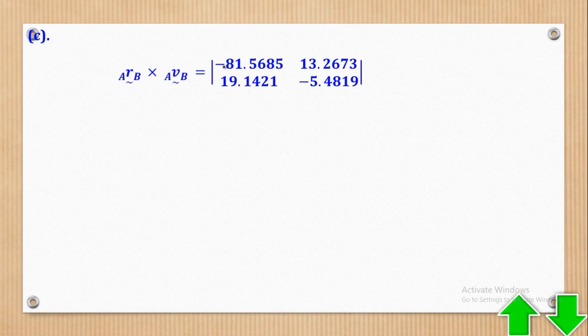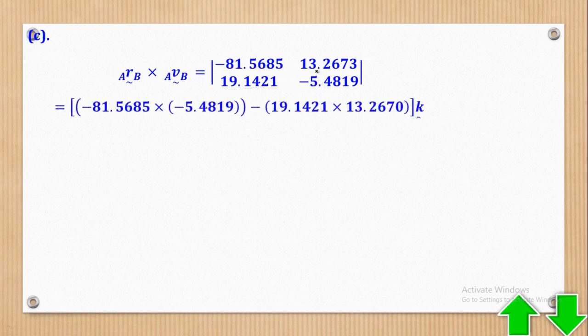So relative position is this in vector form, relative velocity is this in vector form. So that gives us this magnitude, like getting determinant of a matrix. So you say this times this to give you this, then minus this times this to give you that. And it's a vector quantity which is k component. So when I simplify, I'll come up with that.